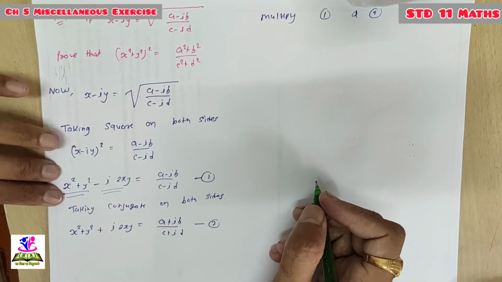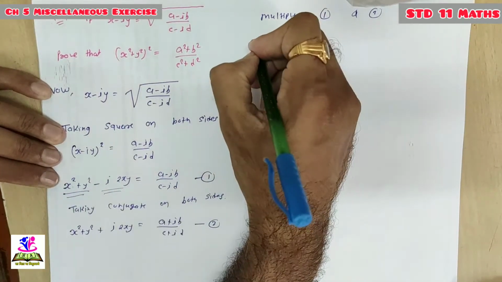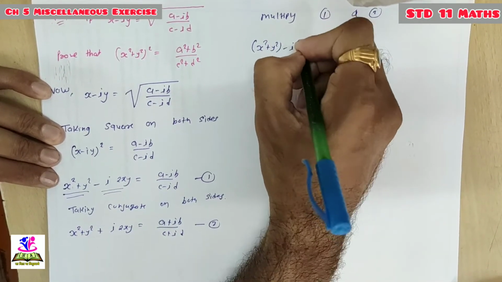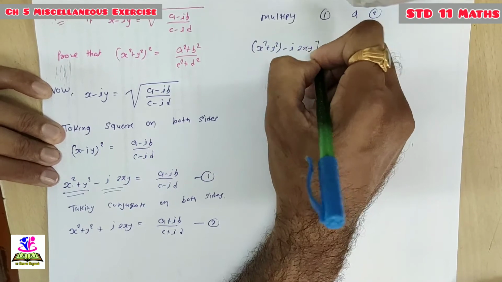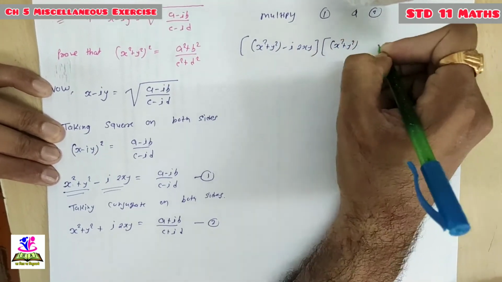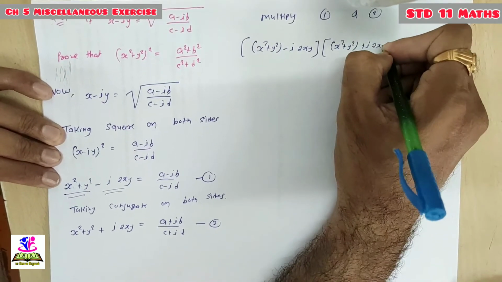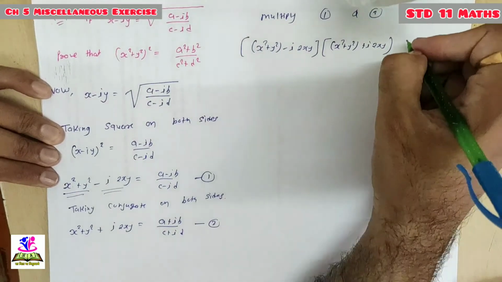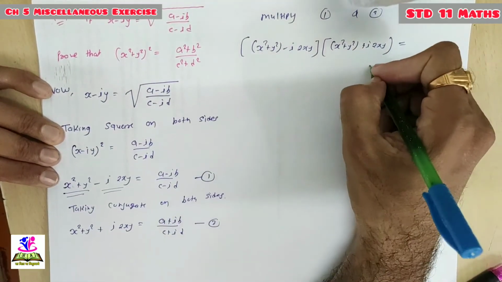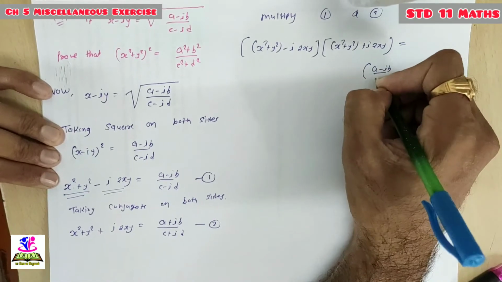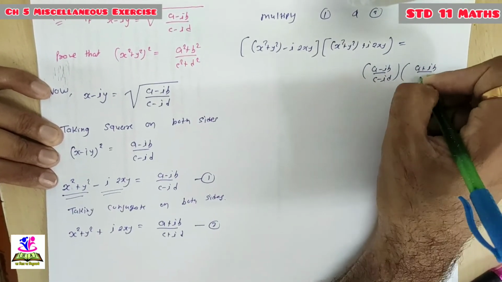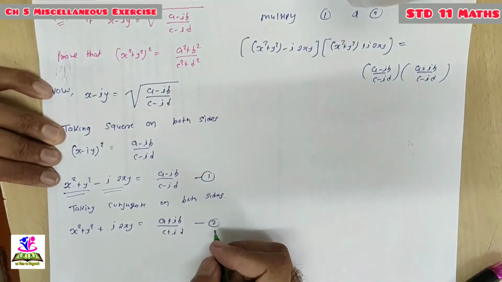So what is the multiplication of these two terms? (x square plus y square minus i 2xy) multiplied with (x square plus y square plus i 2xy) is equal to (a minus ib) upon (c minus id) into (a plus ib) upon (c plus id).